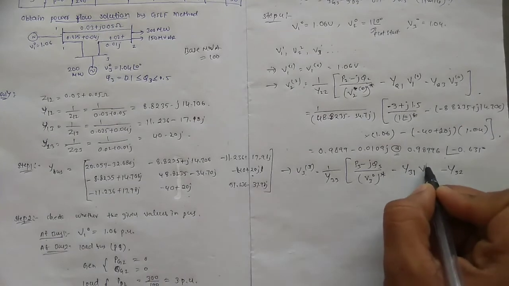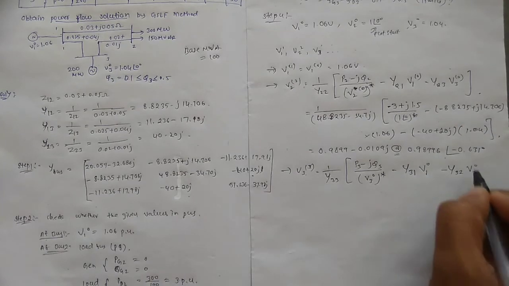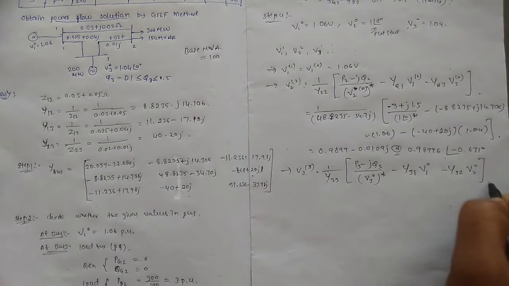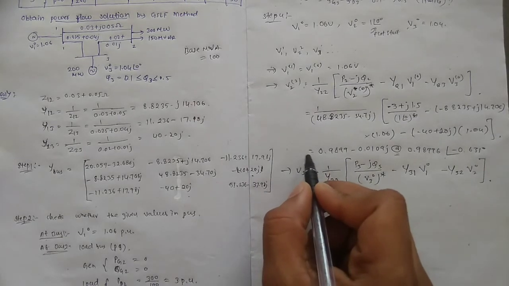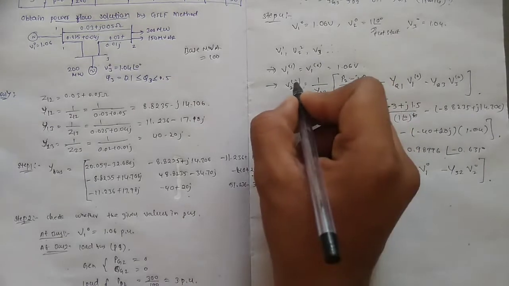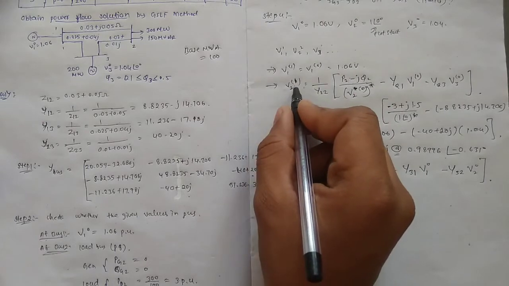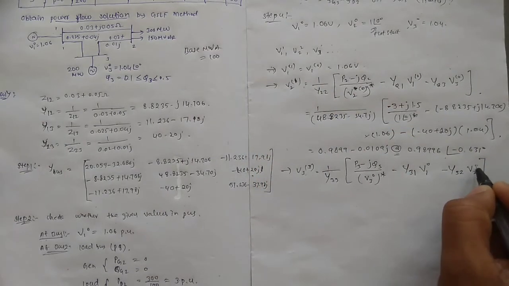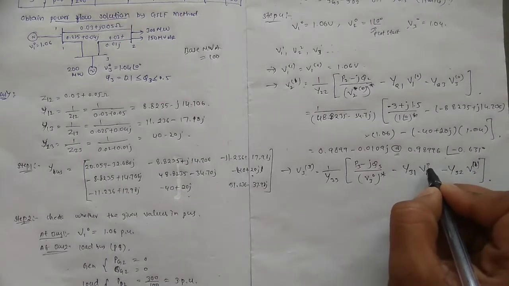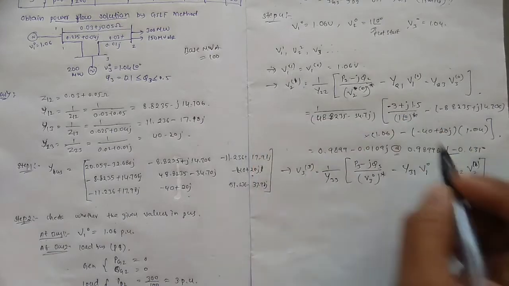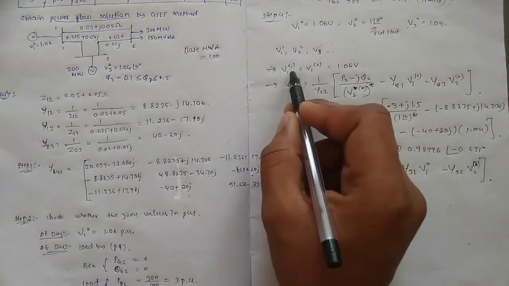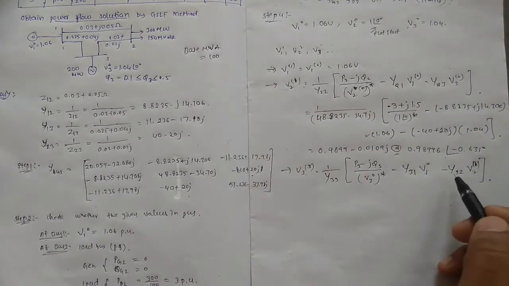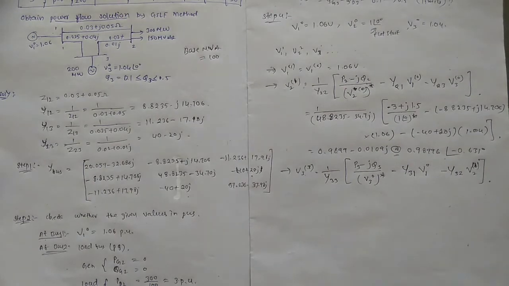Now start with V1(0) and V2(0), V3(0) already wrote, close the bracket. Since we already calculated V2(1), we need to use the latest value, only we need to change this. If you change V1 also, since we have already calculated V1(1), there is no difference between the two, only 1.06 we will get.